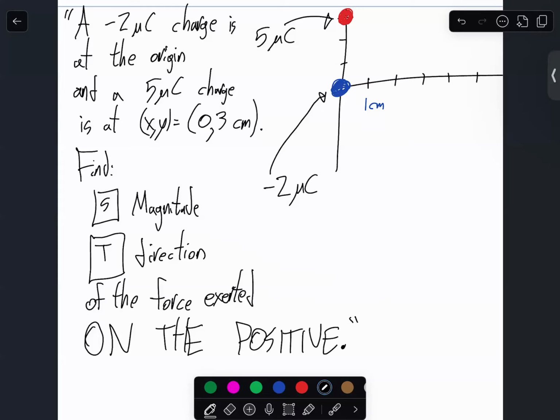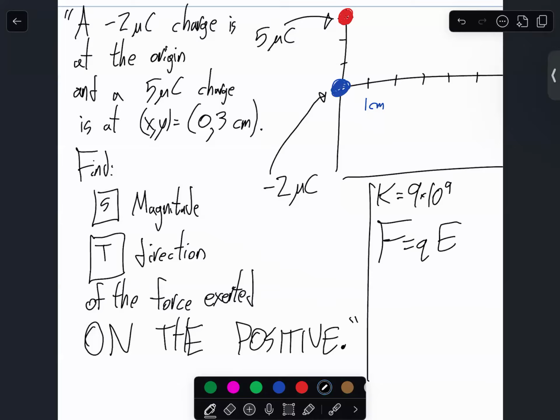Okay, K is 9 billion. It's actually 8.99, but whatever. That's everything. You should have the formula by now. There. Watch the units, or they might run away. S is magnitude, T is direction.